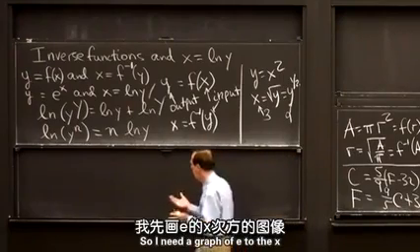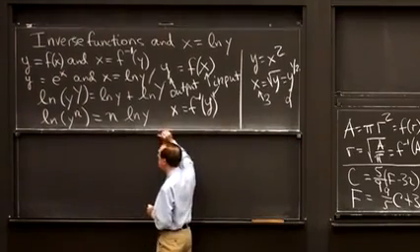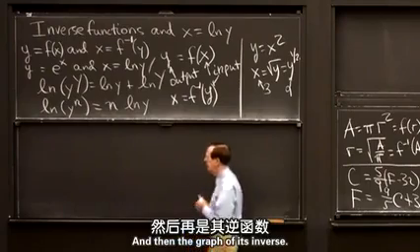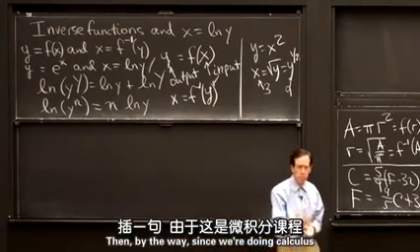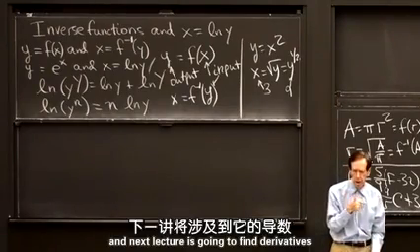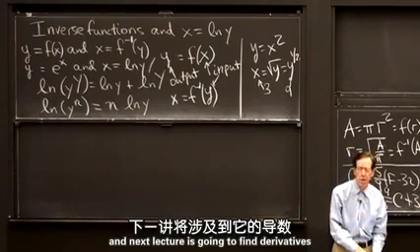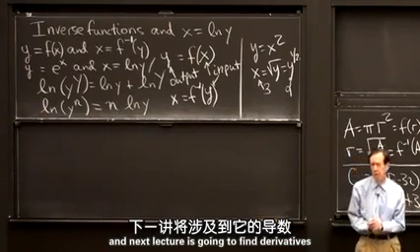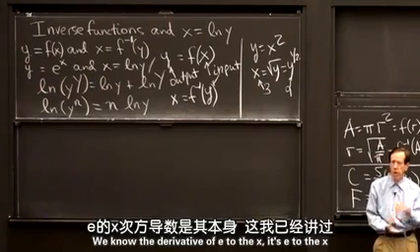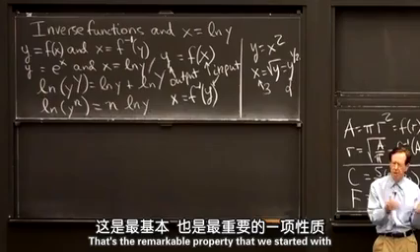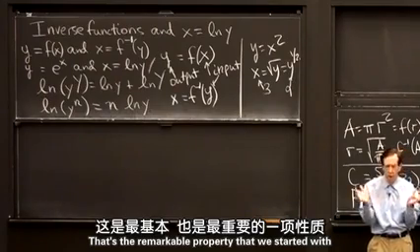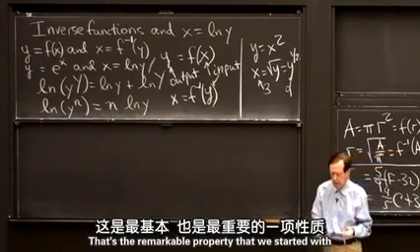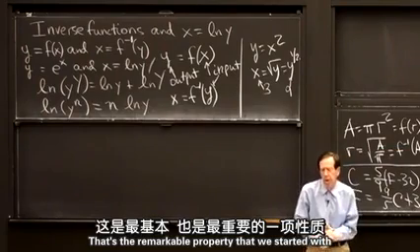Okay. So I need a graph of e to the x, and then a graph of its inverse. And then, by the way, since we're doing calculus, next lecture is going to find derivatives. We know the derivative of e to the x. It's e to the x. That's the remarkable property that we started with.